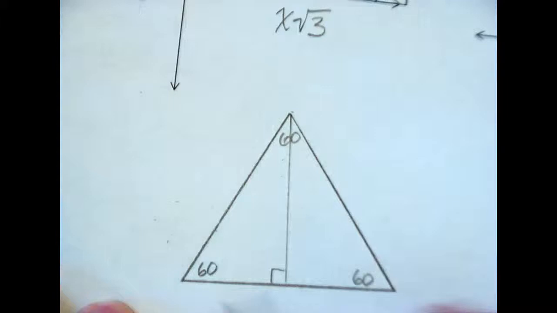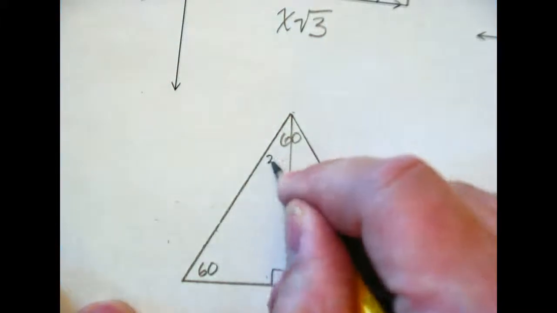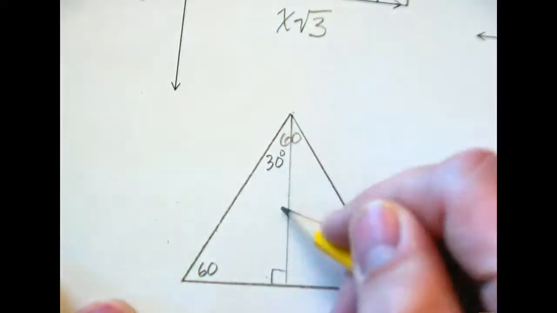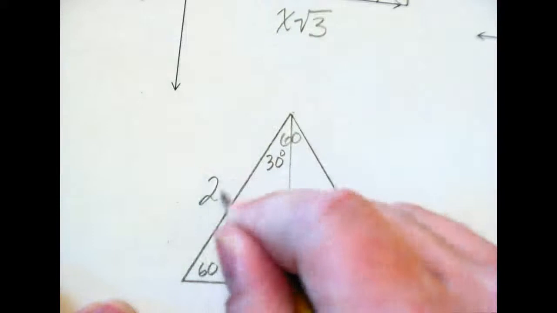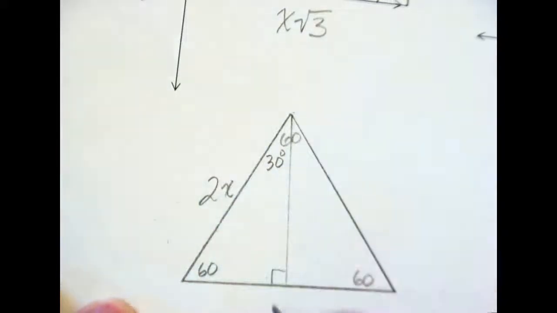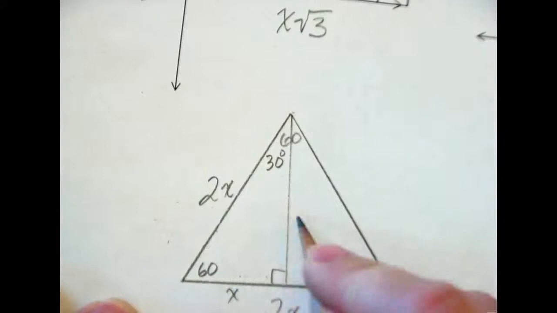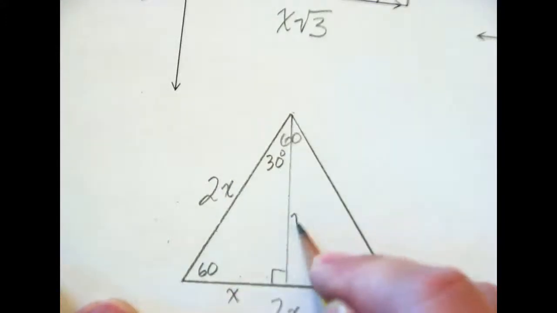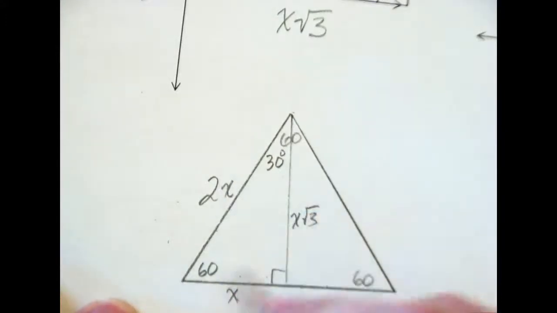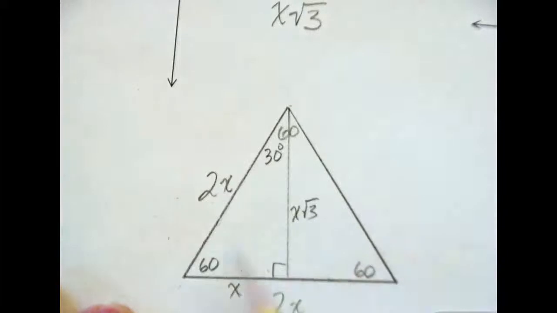It gives us 90. So 60, 90, that has to mean this is 30. If this side is 2x, this altitude broke that side into x and x. And using the Pythagorean theorem, that's how we get that x root 3. We're not going to go through that, but that's the 30, 60, 90.